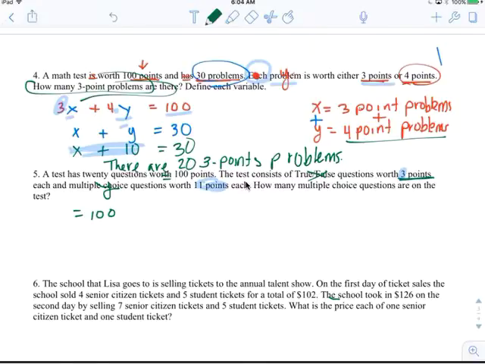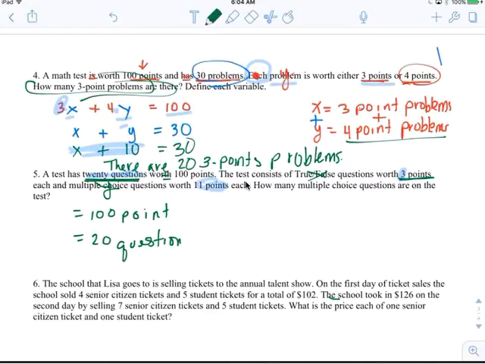A test has, what did I read? Has 20 questions. So equals 20 questions. These are the points. These are the questions. Okay. So I hope you write smaller than I do. Oh my gosh, it's too big.